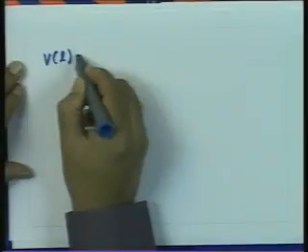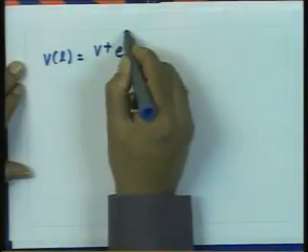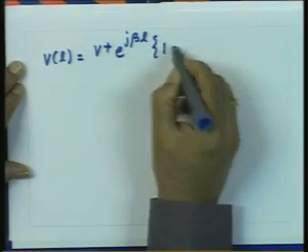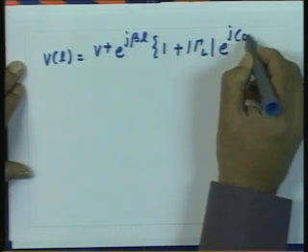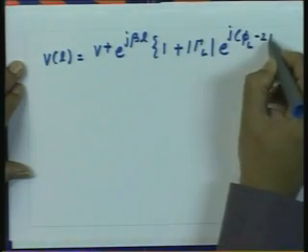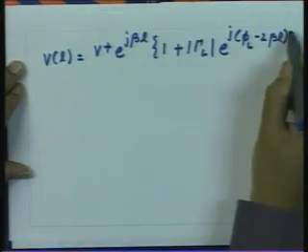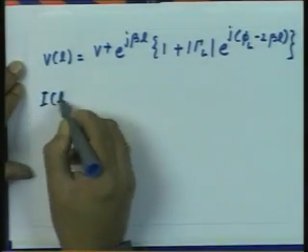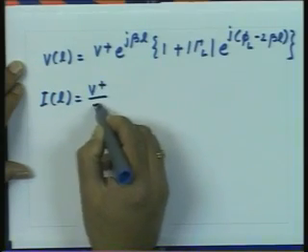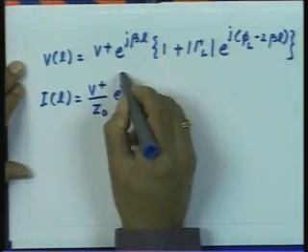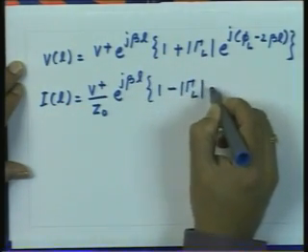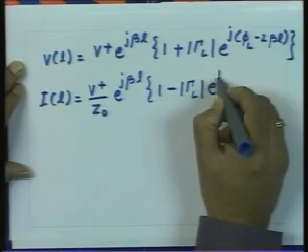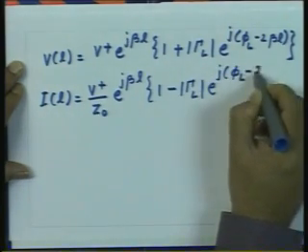So, I have finally two expressions here, one for voltage which is V plus e to the power j beta L into 1 plus mod gamma L e to the power j (phi L minus 2 beta L), and the current I of L will be equal to V plus divided by Z0 e to the power j beta L into 1 minus mod gamma L e to the power j (phi L minus 2 beta L).